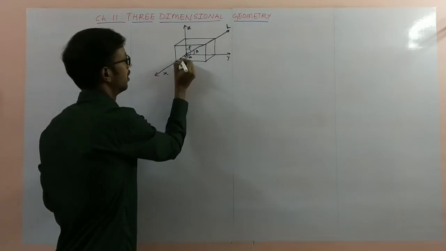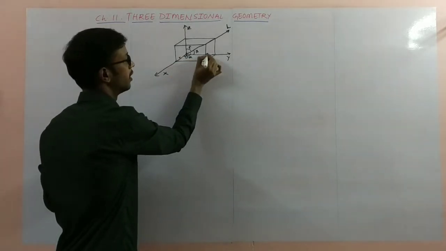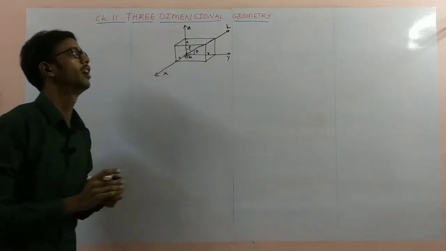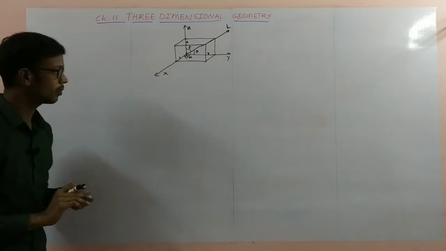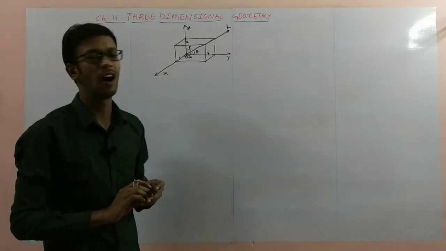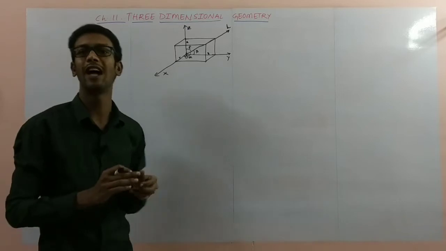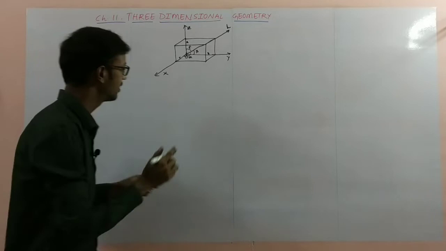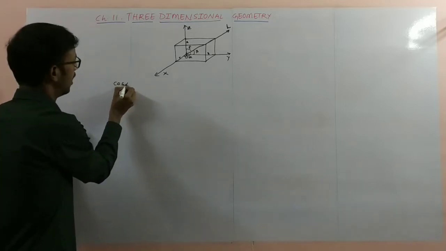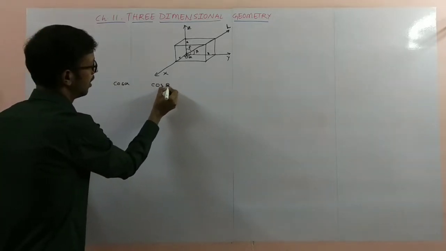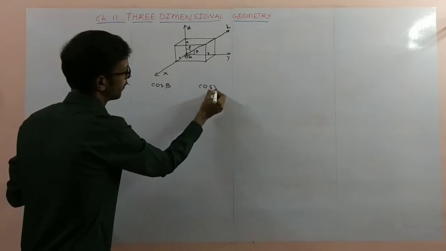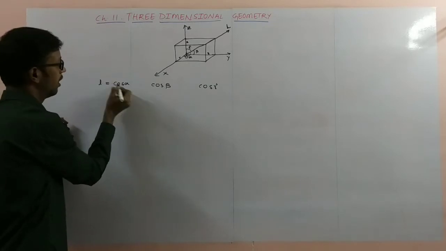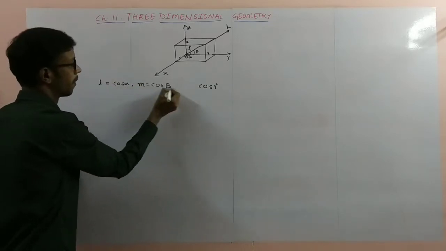This distance is x, this distance is y, and another distance we denote with a small z. Now the cosine values of these angles: cos alpha, cos beta, cos gamma. We'll denote these as l, m, n.